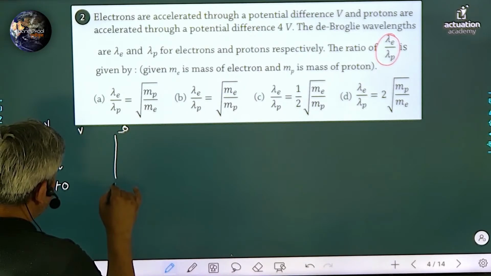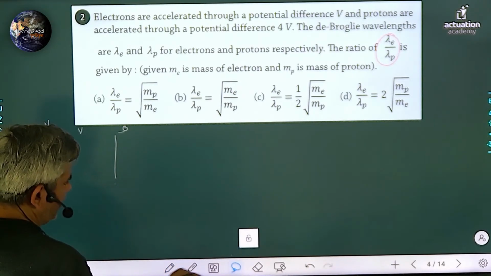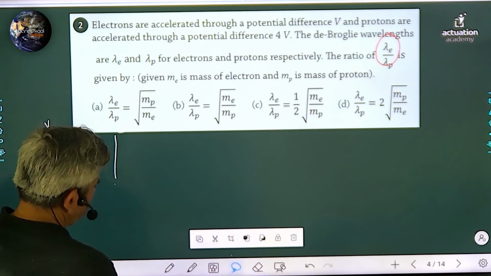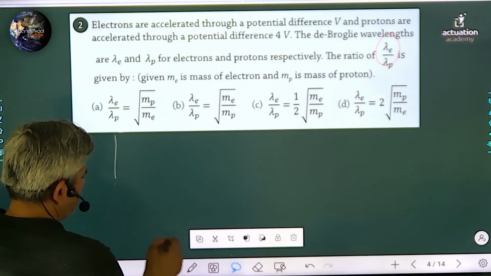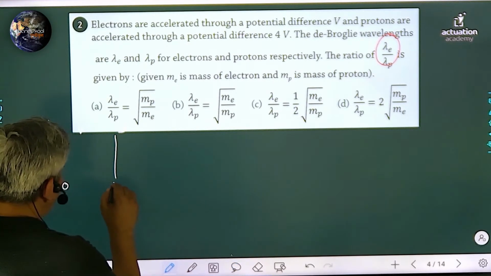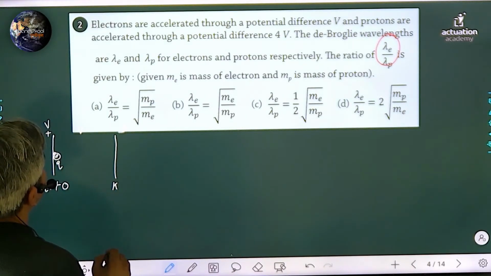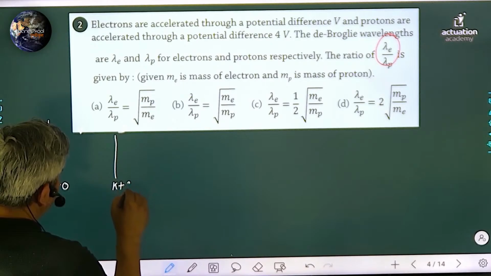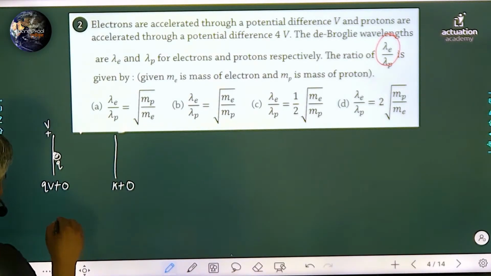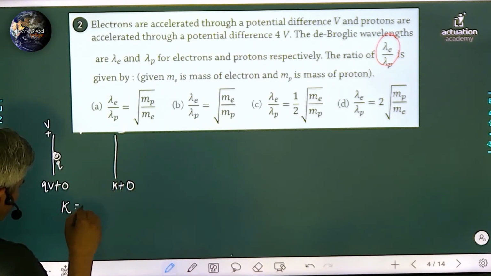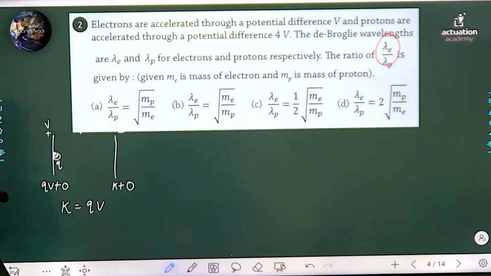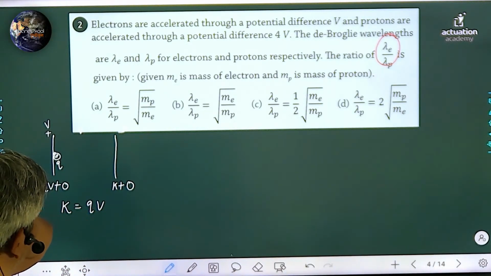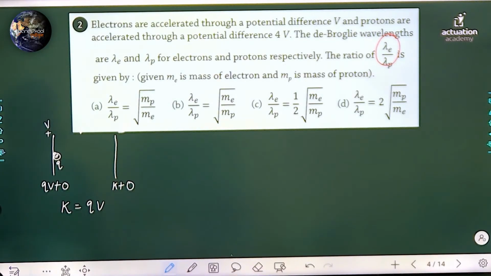the kinetic energy at plate 2, let's say, K plus electrostatic potential is 0. Now by using conservation of energy, we can write the kinetic energy is simply Q into V, where Q is the charge and V is the potential difference by which the charge has been accelerated.